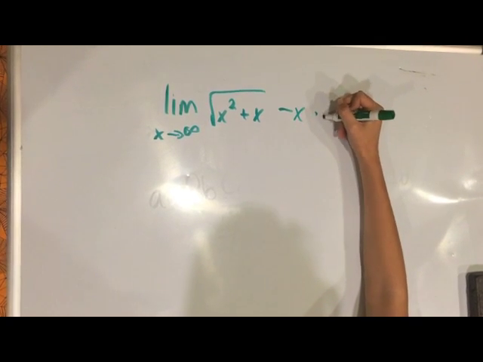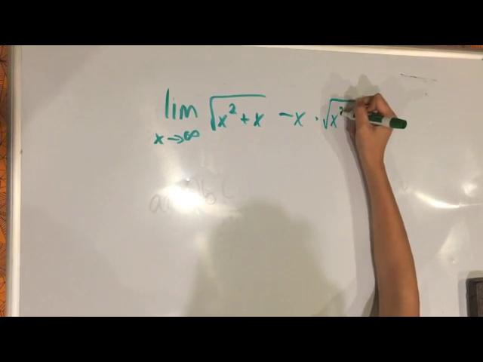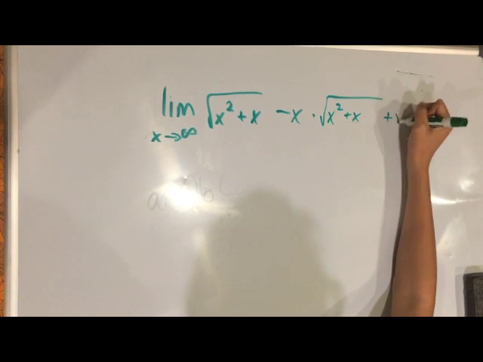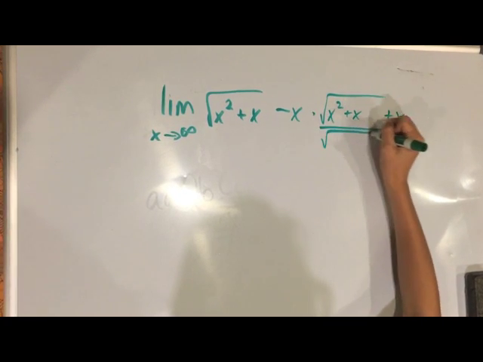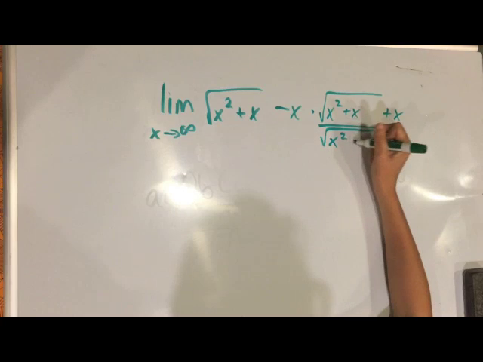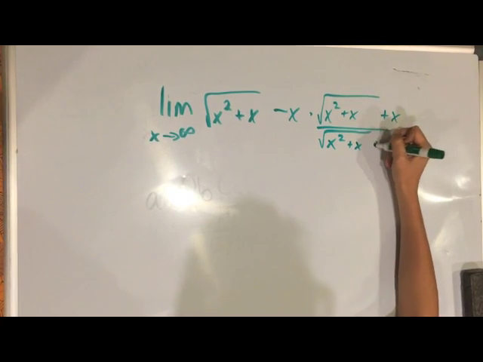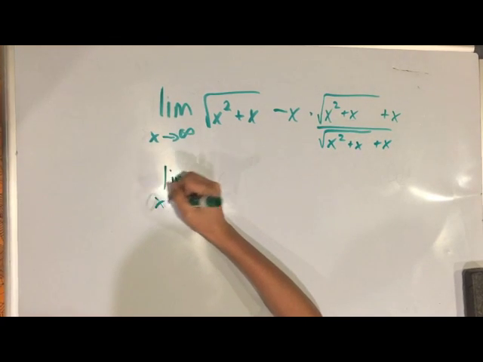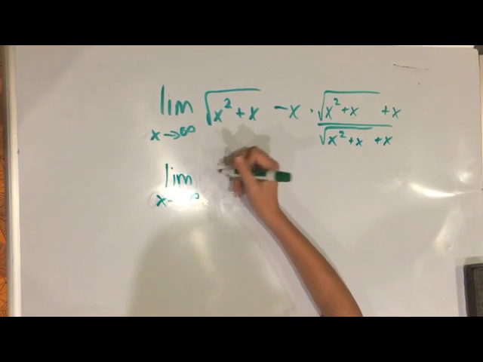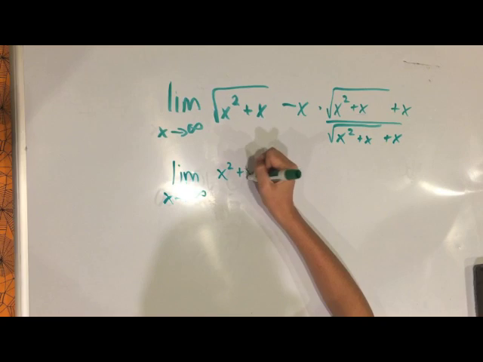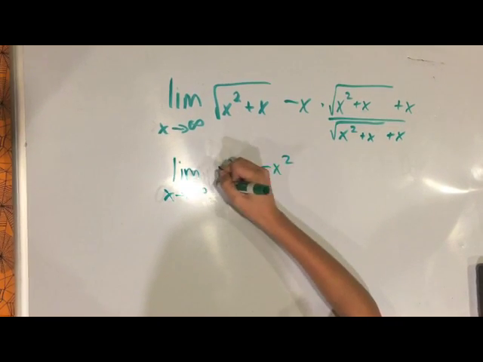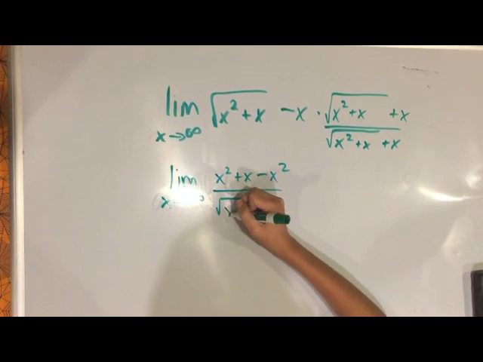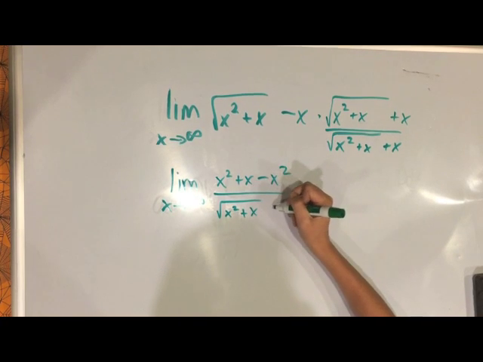So that's going to get us square root of x squared plus x all over the square root of x squared plus x. And when we simplify that, we get the limit as x approaches infinity of x squared plus x minus x squared all over the square root of x squared plus x.